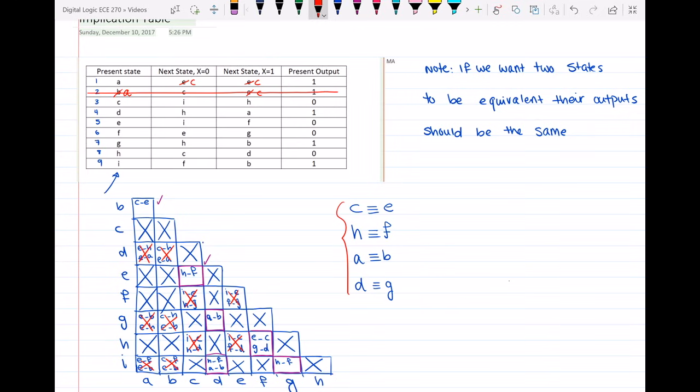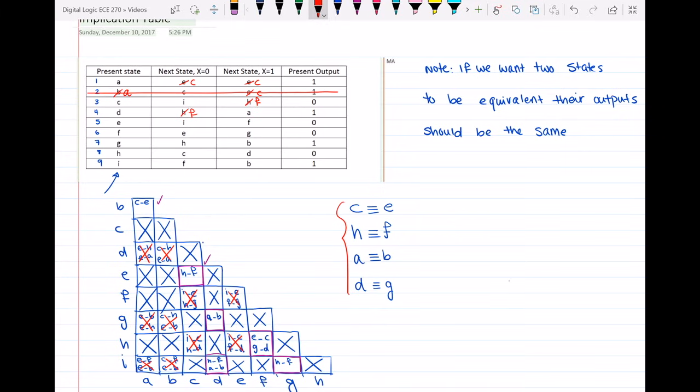Then I go to row 3. So we have C, and then we have I and H. I can substitute H by F. I'm not going to touch I for now. You'll see later that we can cross things out with that. Then in state D, I can substitute H by F, and A remains the same.